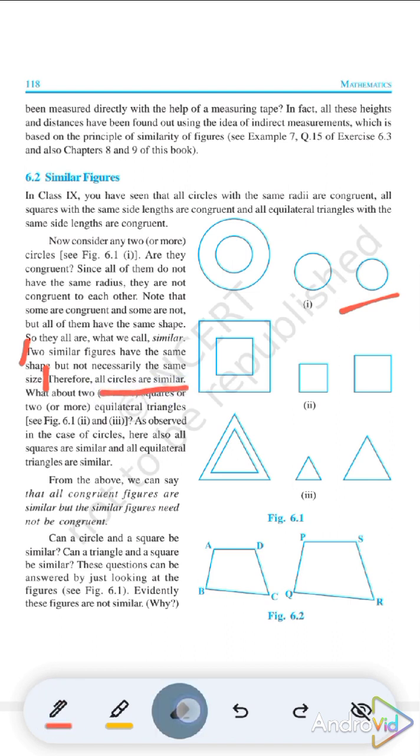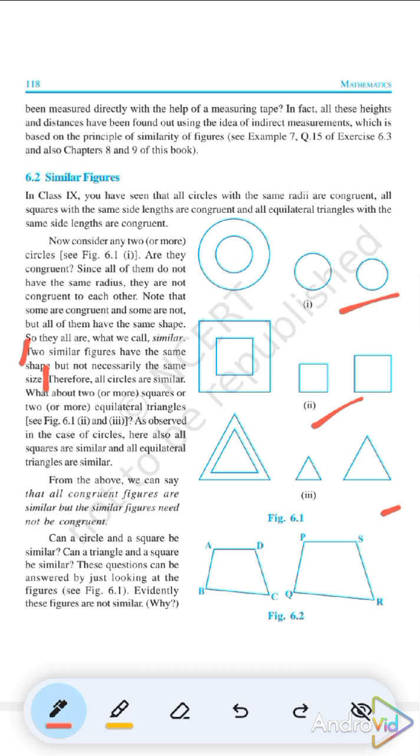Right? What about two or more squares or two or more equilateral triangles as given in 2 and 3? We can say that as in circles in the first figure, here also squares as well as all the equilateral triangles are similar figures. They are not congruent.